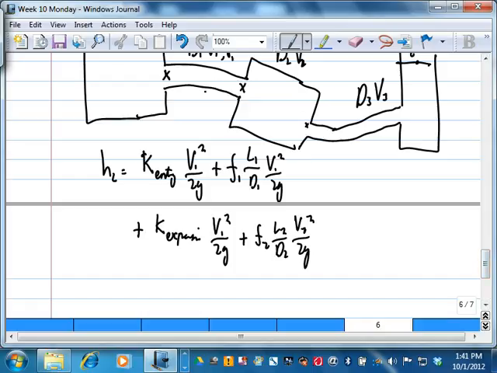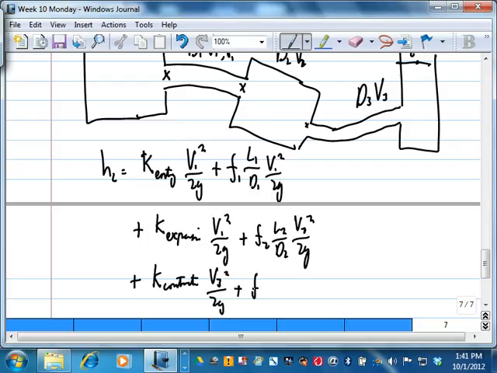So V1 is faster than V2, so this is always based on the higher V. Here, plus K contraction. Based on V2 or V3? V3.